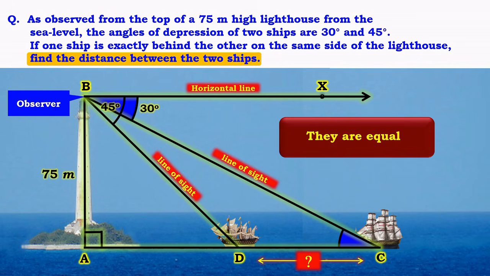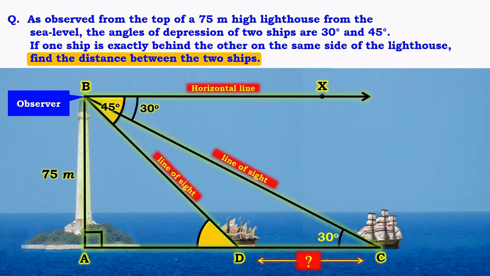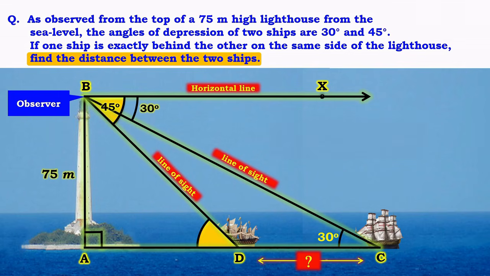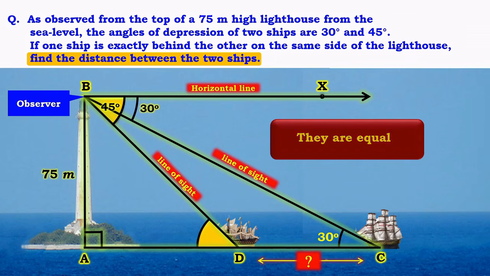So, angle BCA is also equal to 30 degrees. Similarly, observe angle XBD and angle BDA. These are also alternate angles because BX is parallel to AD. Therefore, they are equal. So, angle BDA is also equal to 45 degrees.